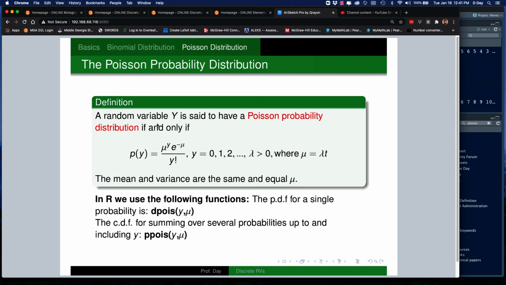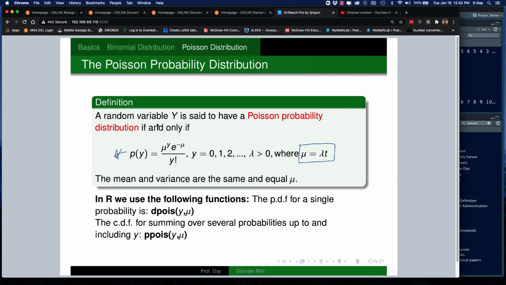Here's the formula for the Poisson probability distribution. The PDF, the one that gives you the exact output, is this formula here. I'm not going to get too specific into the formula because we're not going to use it by formula here. But the mu symbol here, which is usually used to represent the population mean, is calculated a little bit differently.